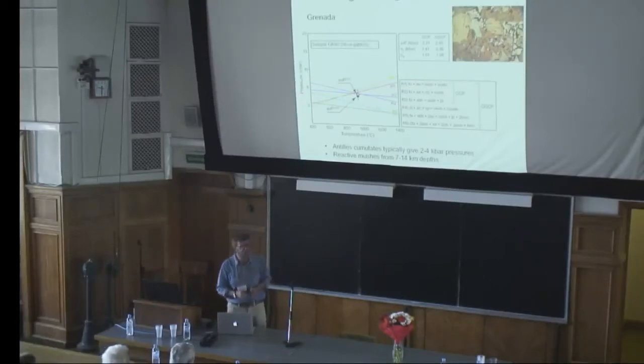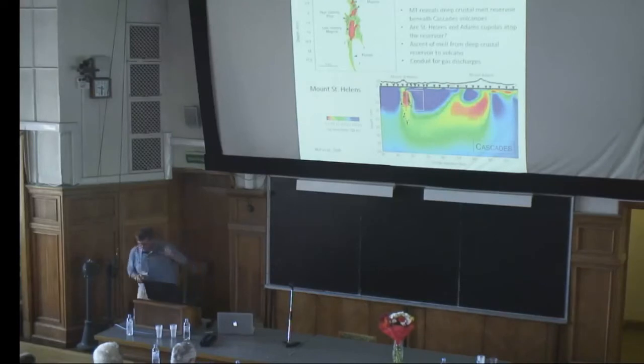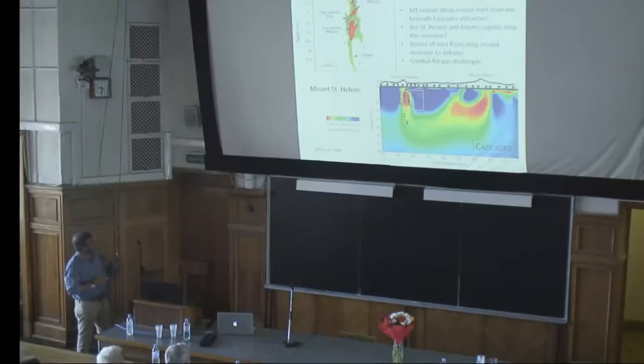Now let's focus on that process of getting from the mush to the volcano, that connection. And I'll now turn to a third field example, which is Mount St. Helens, a volcano in the western United States above the Cascades volcanic arc, subduction zone. There's Mount St. Helens.